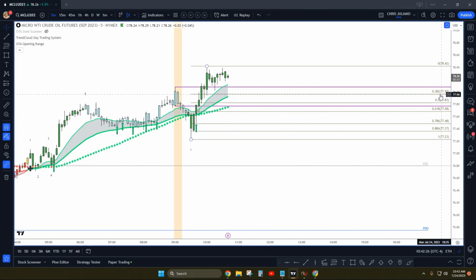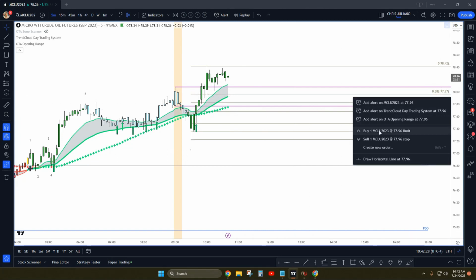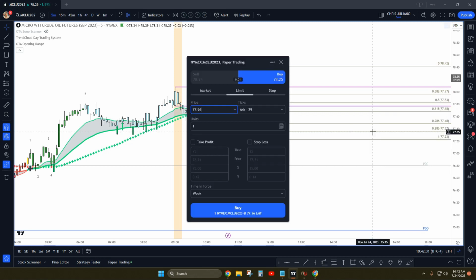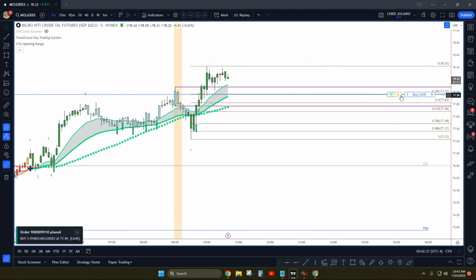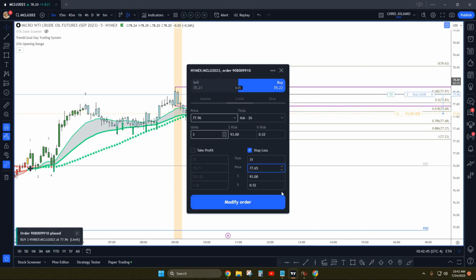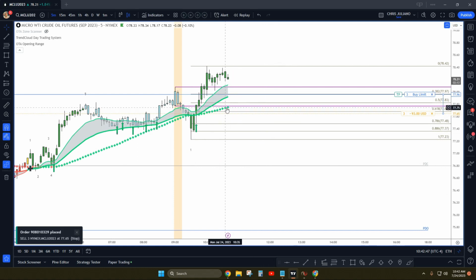I'm going to take my trade right there at that 382. And we're going to buy 3. Supply zone. We're going to put the stop below the opening range. Right below the 50.